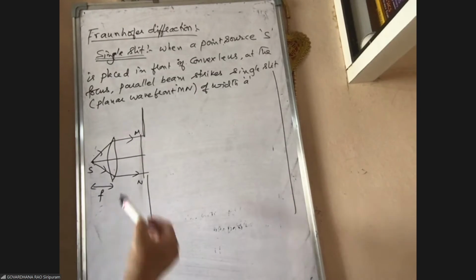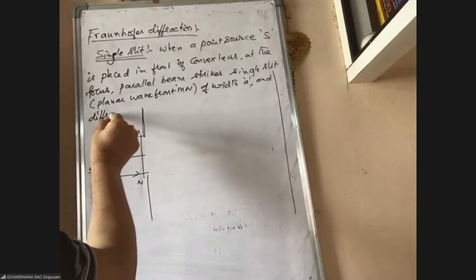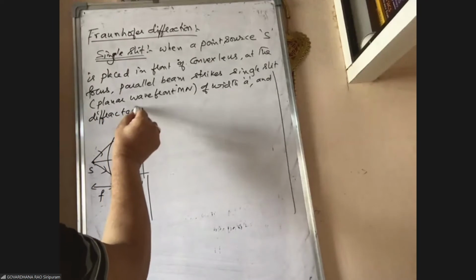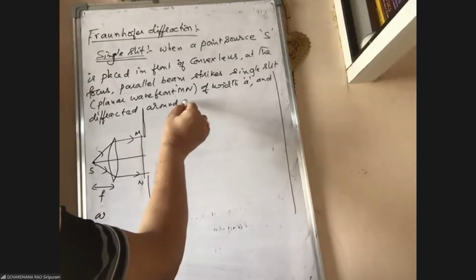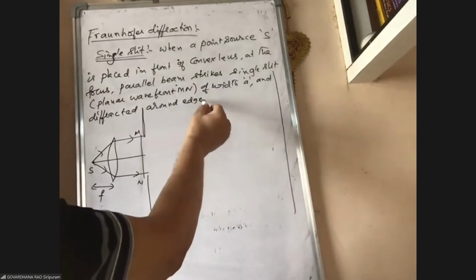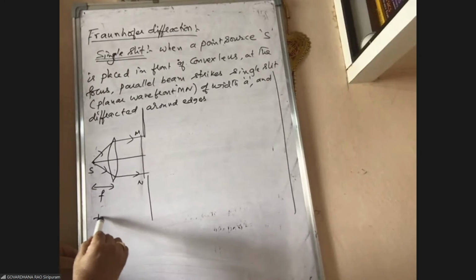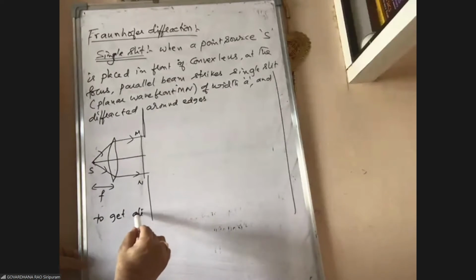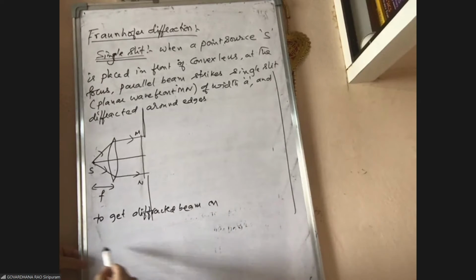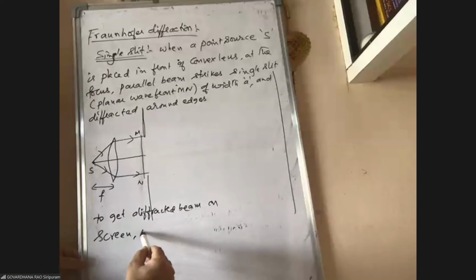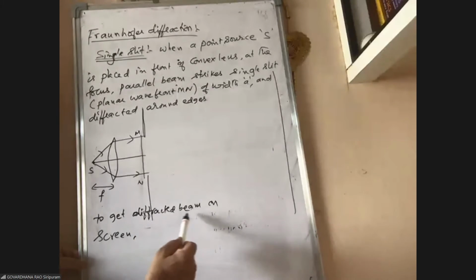And the waves get diffracted around the edges, which means here. From the edges we get a diffracted beam on screen.